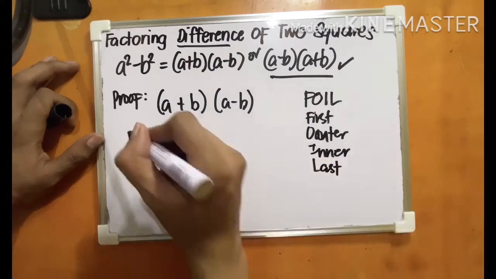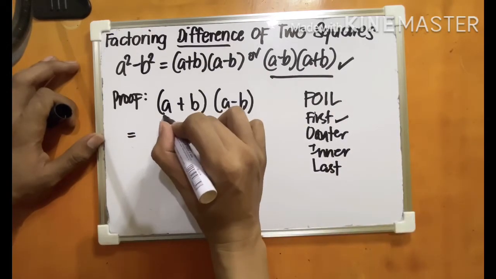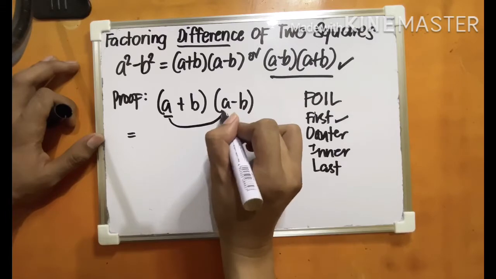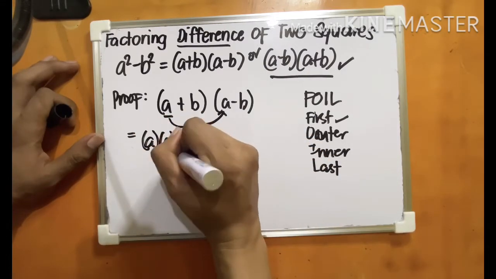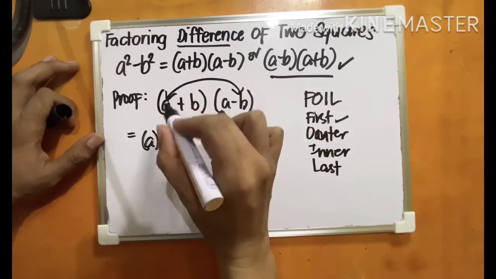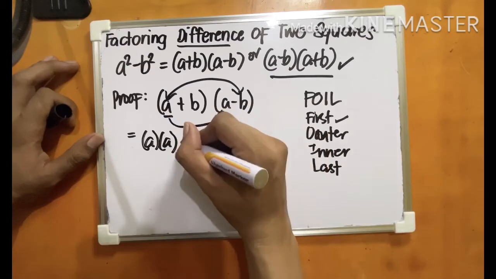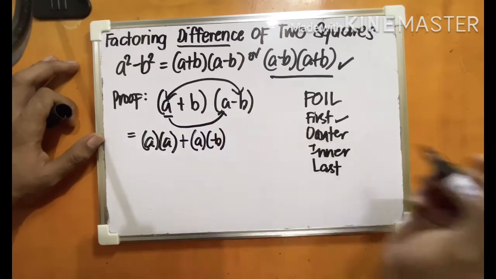Let's multiply first the first. First means this a and this a. So a times a. Next, outer, a and minus b. So plus a times minus b.